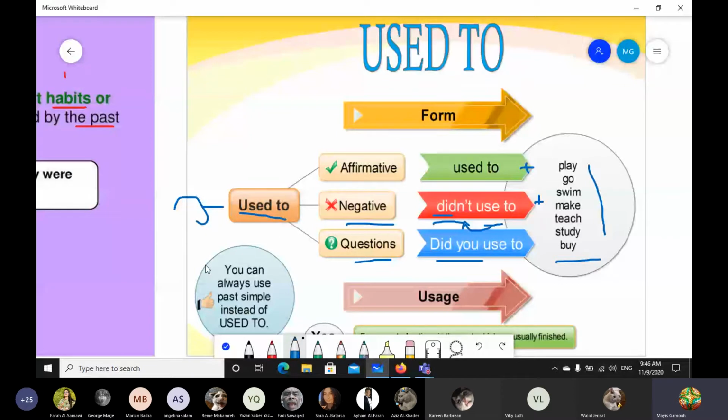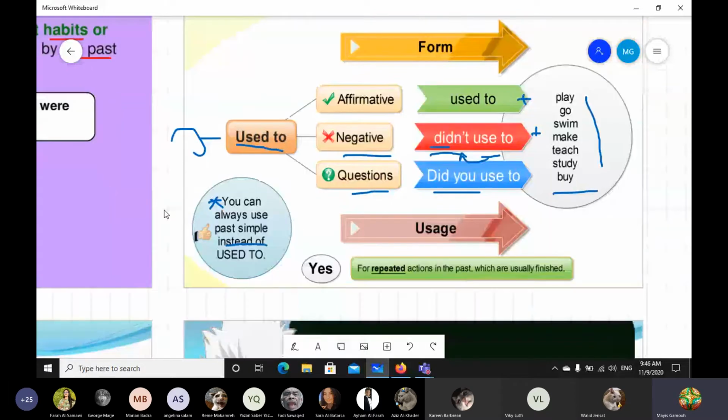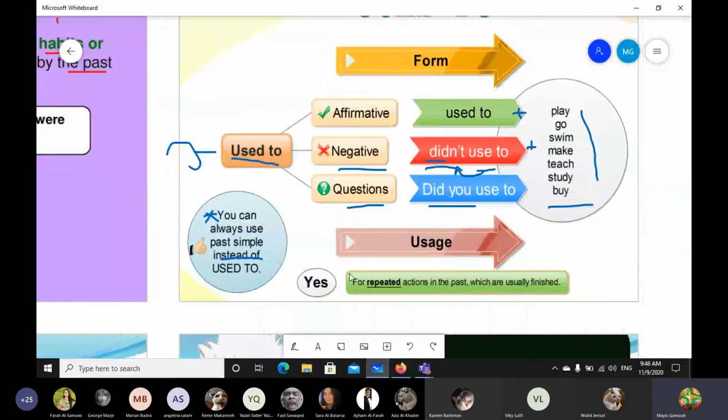اليوسج هنا حكينا هاي المعلومة it is very important. Okay, it is very important. You can always use past simple instead of، يعني بدلا من الused to. يعني بقدر أنا أعمل replacement، أستبدل الused to بالفعل الماضي. في هون عندنا كمان شغلة اللي هي the usage، استخدامه الused to.